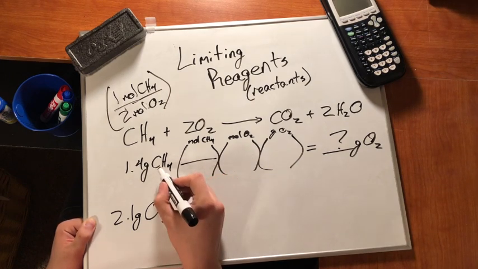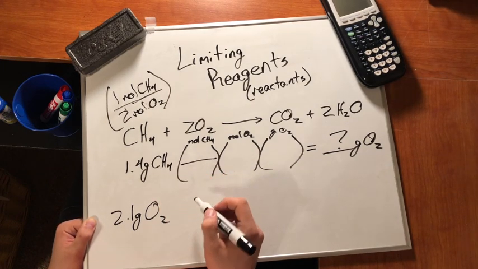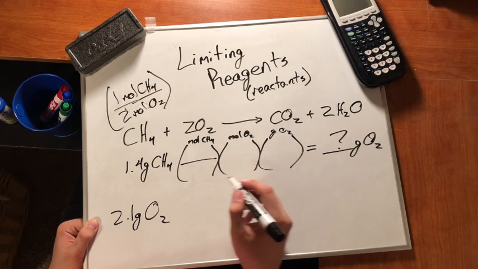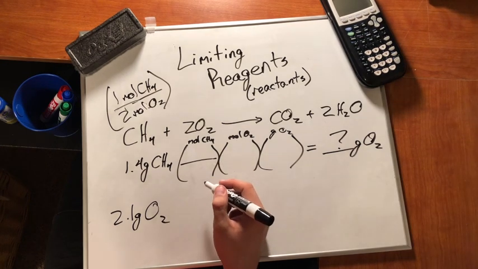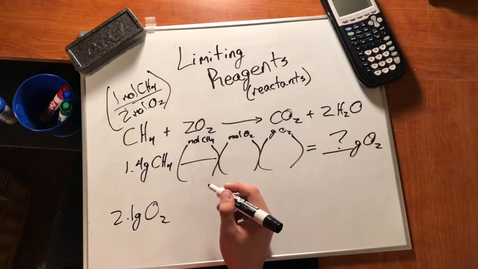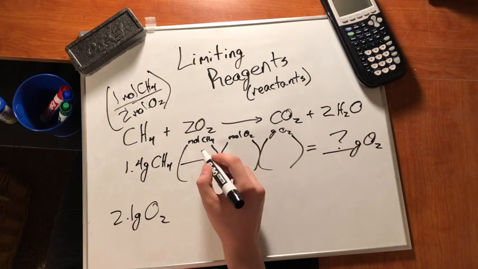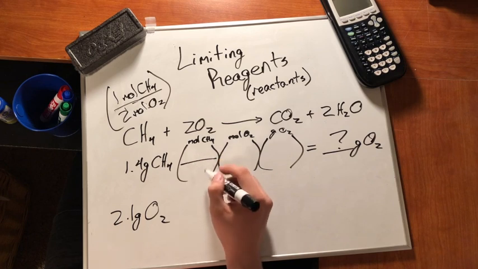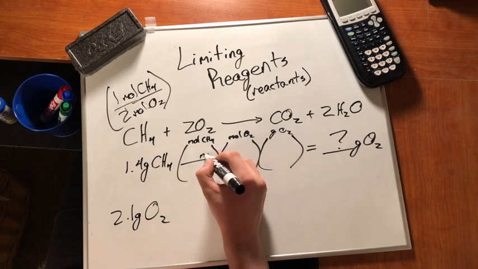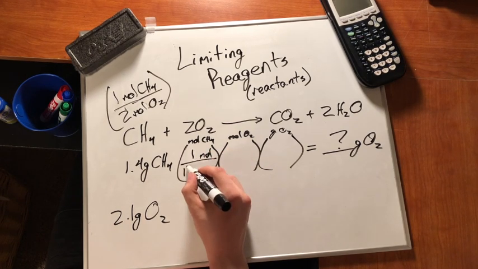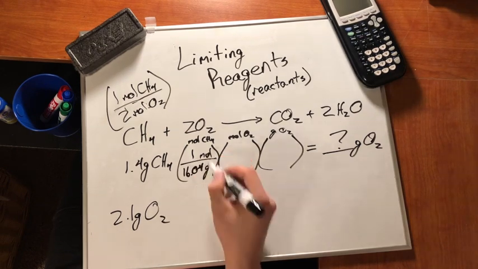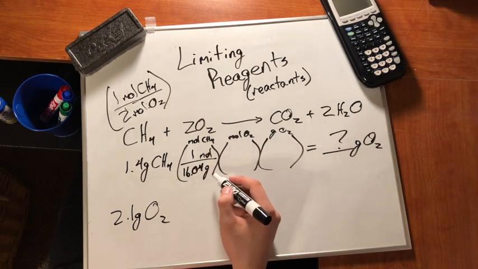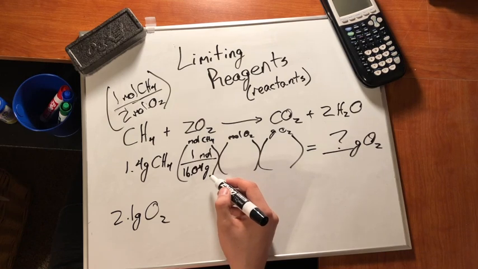I just need to add up 1 carbon plus 4 hydrogens, and that's going to give me 16.04. Let me check my notes. Yeah, 16.04 grams. I'm in grams, I want to convert to moles, so I need moles up here: 1 mole per 16.04 grams of methane. So this conversion factor is going to get me to moles.